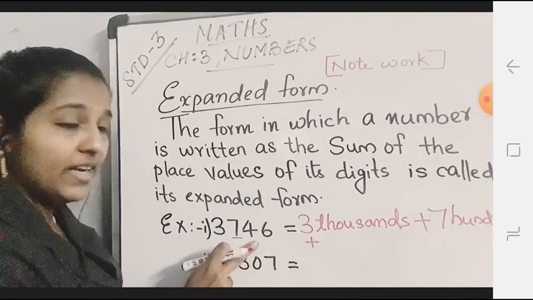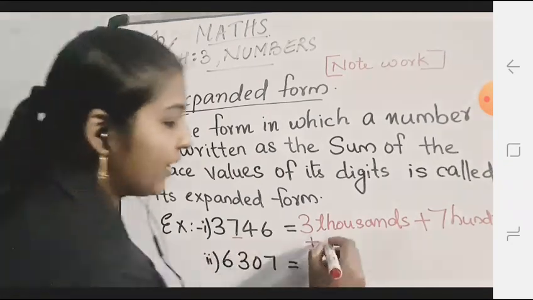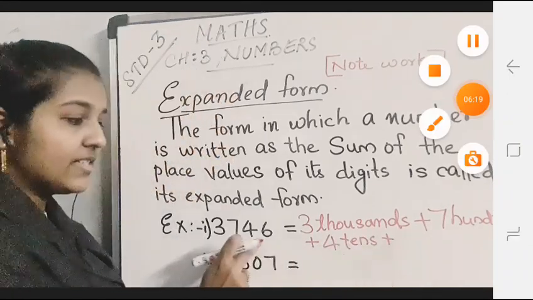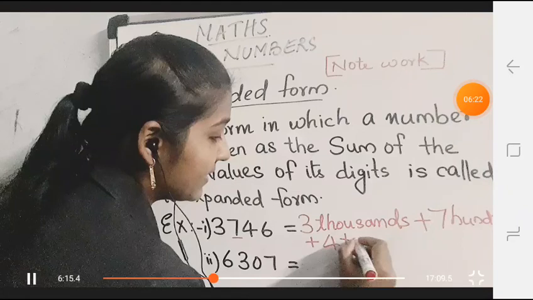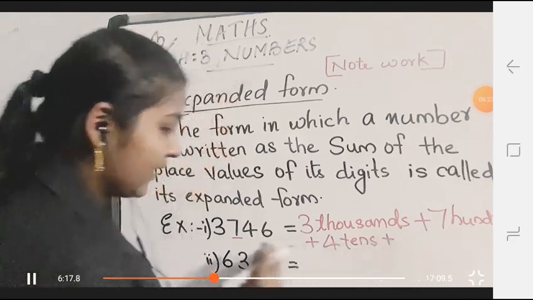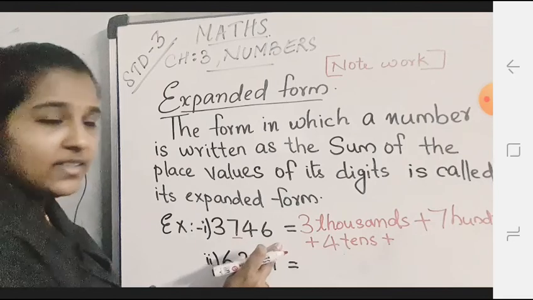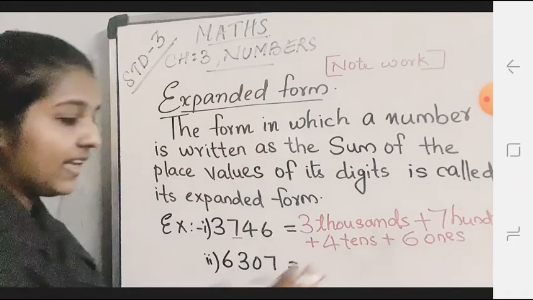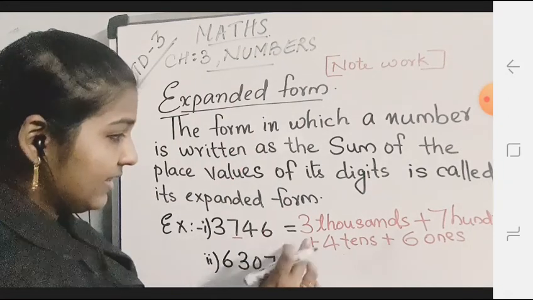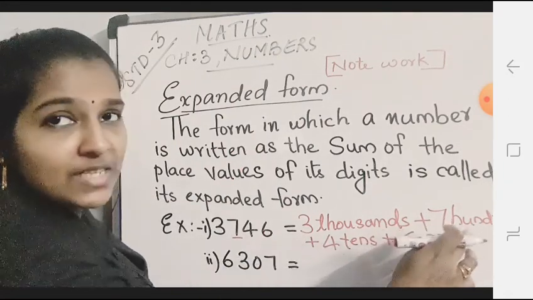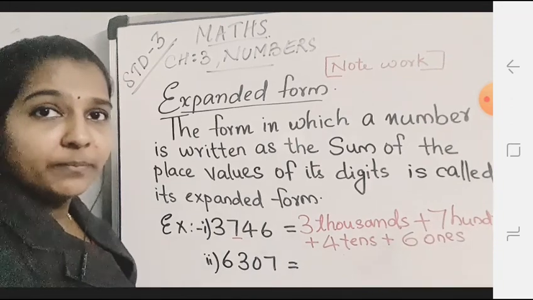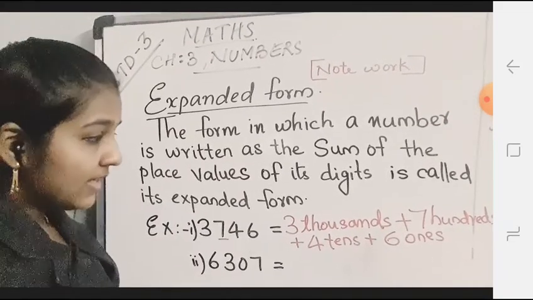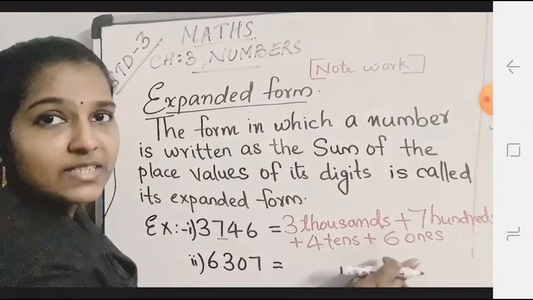So we can write 4 tens plus, then 6 in ones place, isn't it? So we can write 6 ones. Okay, this is the expanded form of this number: 3,000s plus 700s plus 4 tens plus 6 ones.